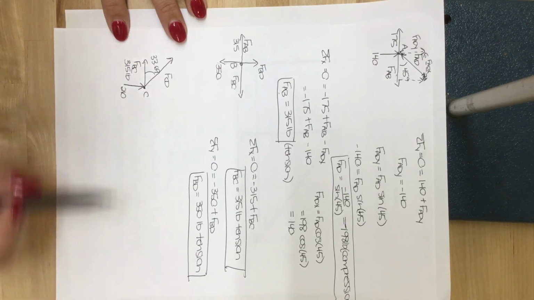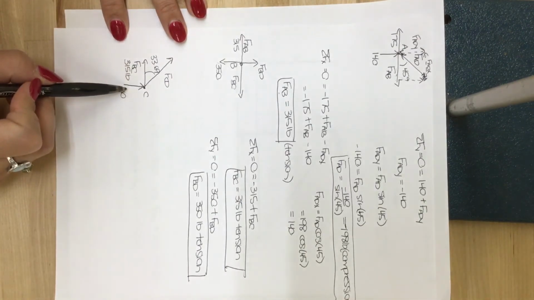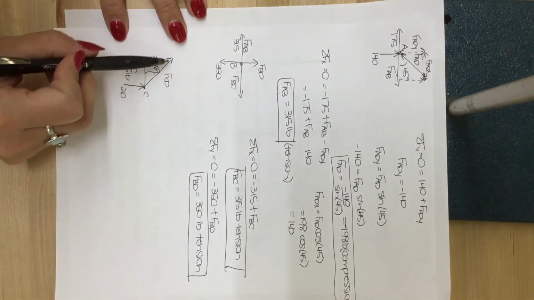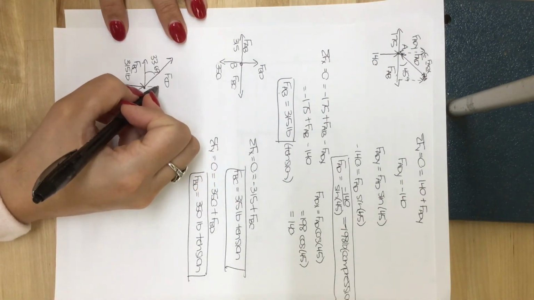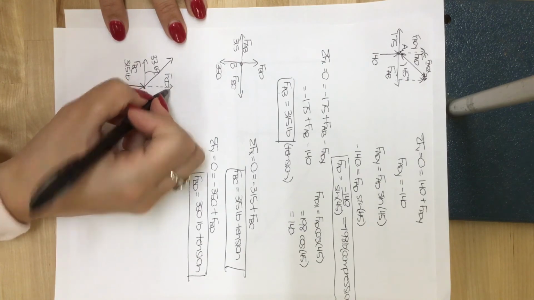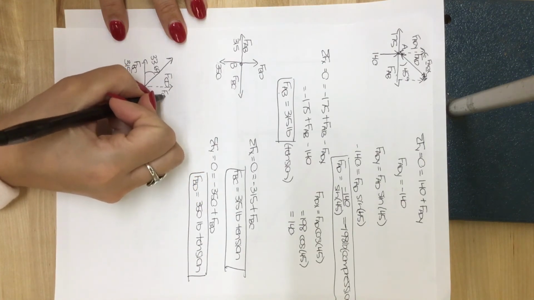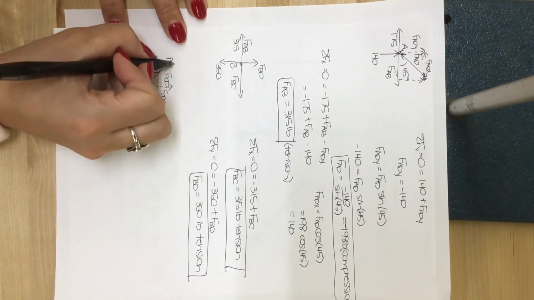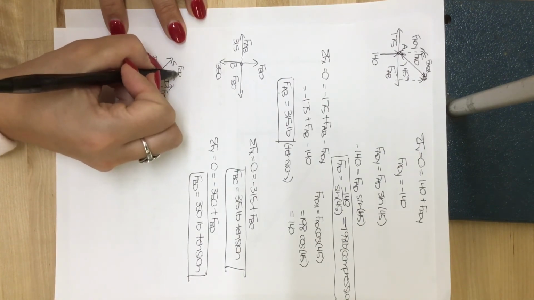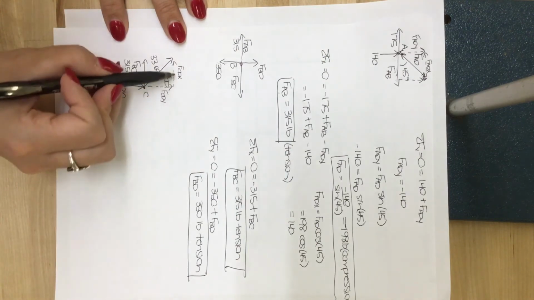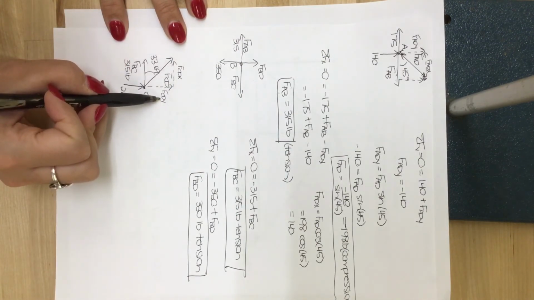And all we need to find is FCD. And so we have a known in the x direction, we have a known in the y direction, and all we need to find is FCD. So we can either use the component force in the y direction, that FCDY, or in the x direction, that FCDX. We don't need both of them because we don't really care what FCDX and FCDY are.